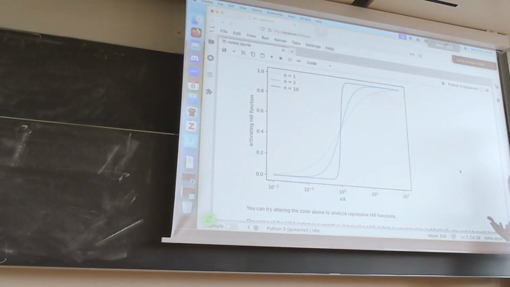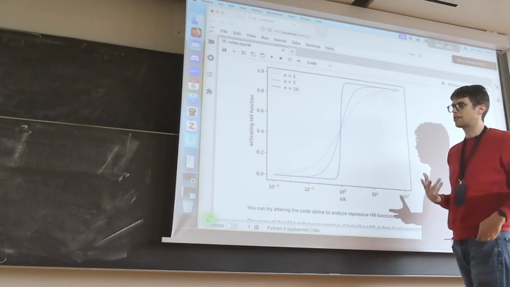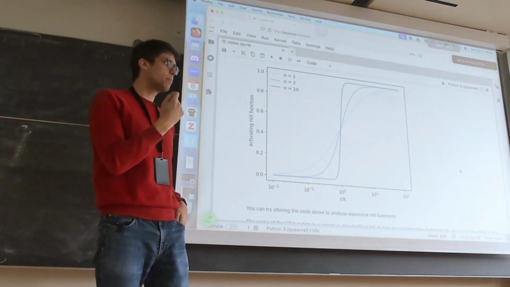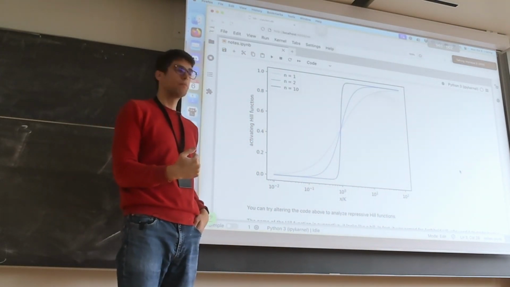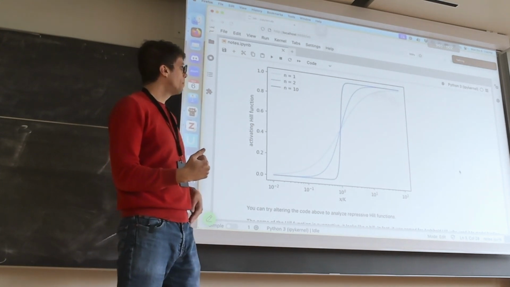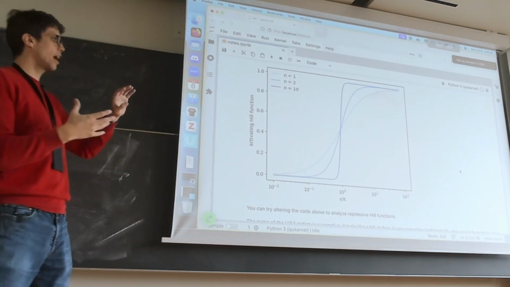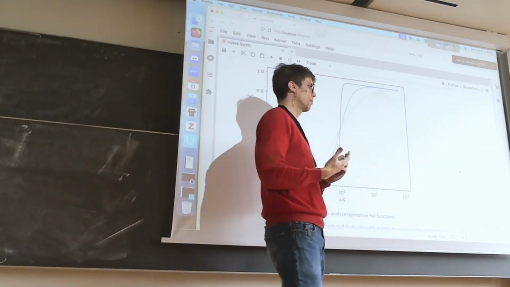This can be explained, and I think we'll discuss this in an upcoming lecture, from lower level principles by modeling this as a cooperativity.